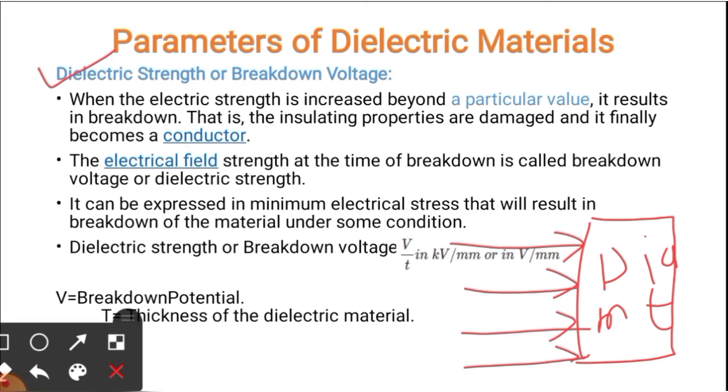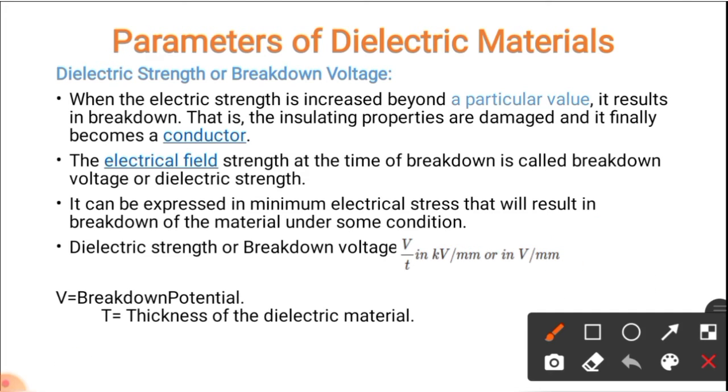So the breakdown voltage is defined as the electrical strength at which breakdown occurs in the dielectric material, called the breakdown voltage or dielectric strength. Here the dielectric strength is defined as V divided by T, in kV per mm or volt per mm.